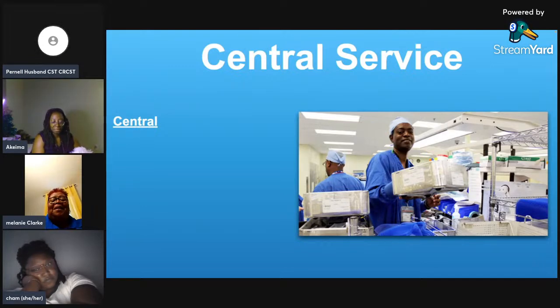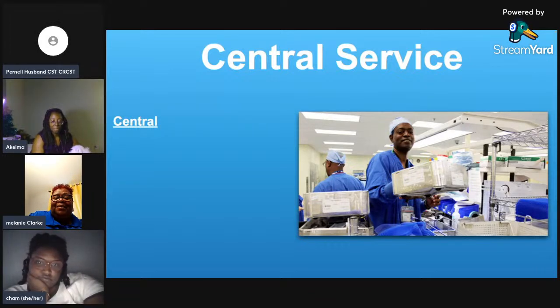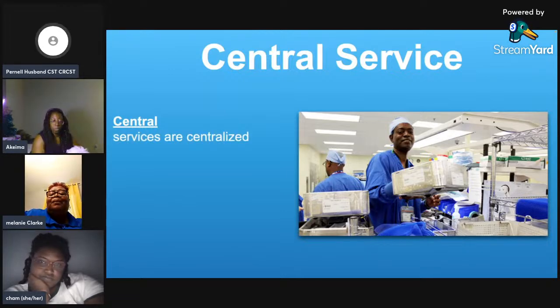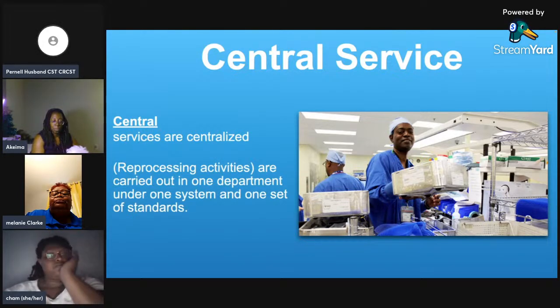We support the operating room. That place in the hospital is typically referred to as the central service department, central service. It means that the services that are provided are centralized. They come out of one place.